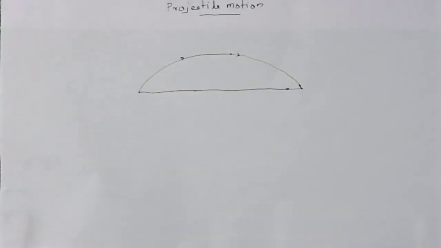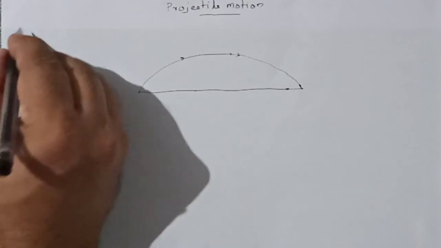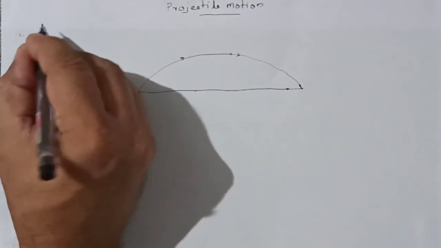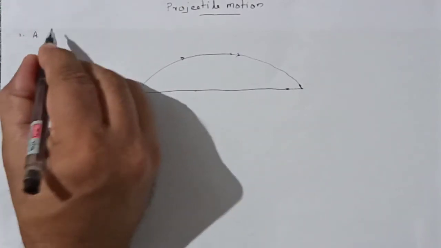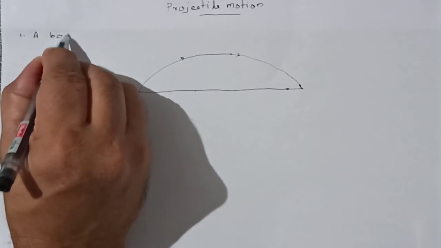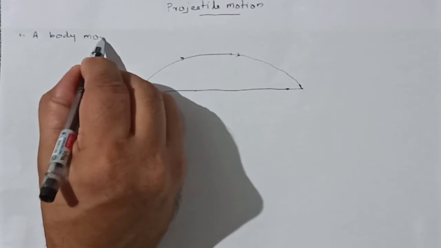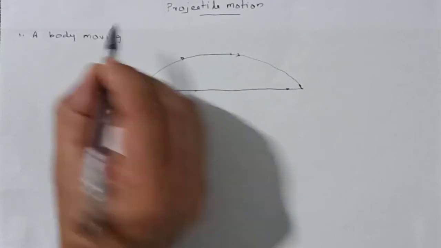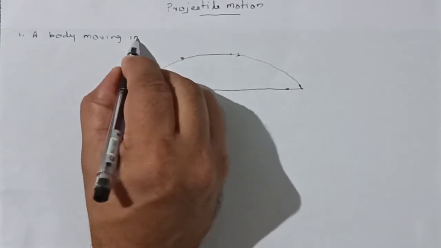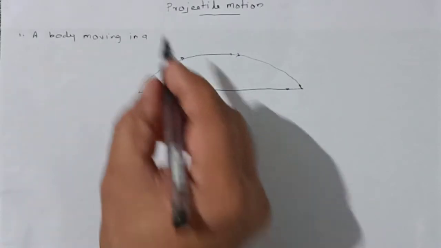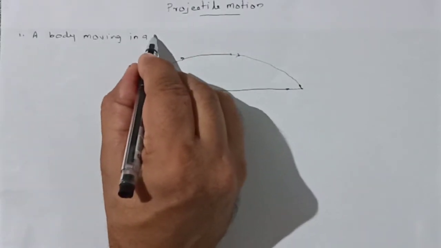Projectiles. In projectile motion, the body moves in a vertical plane. It's just like in case of a stone being thrown, it moves both in the horizontal direction as well as in the vertical direction. So it follows a parabolic path.